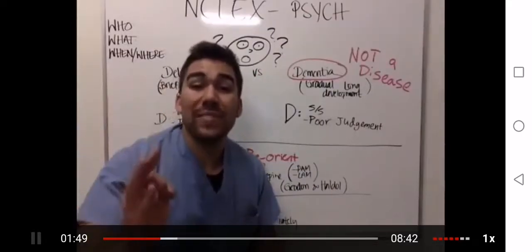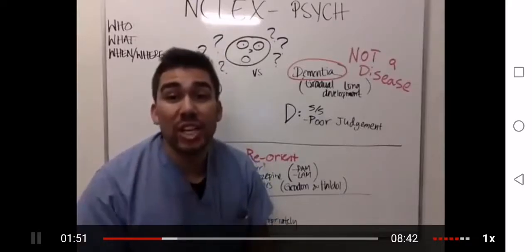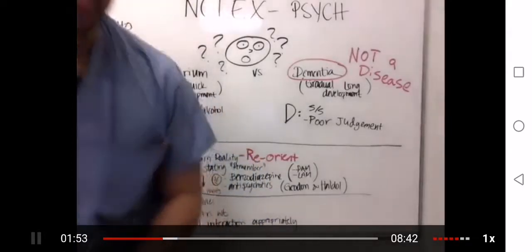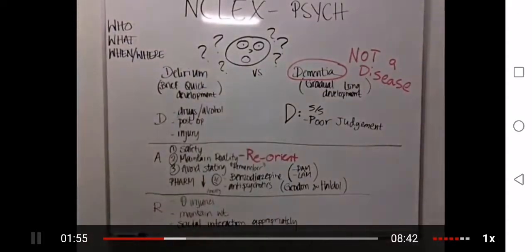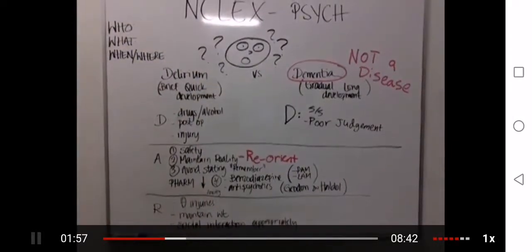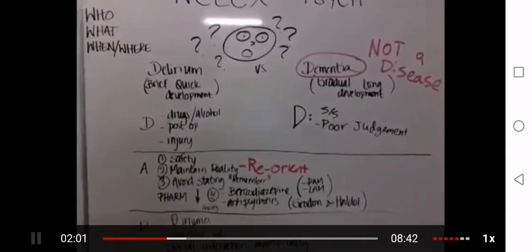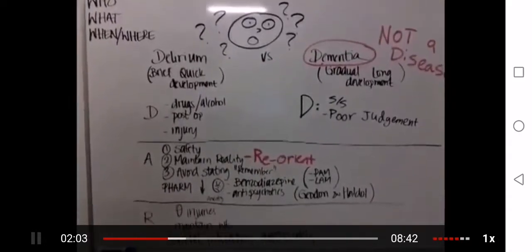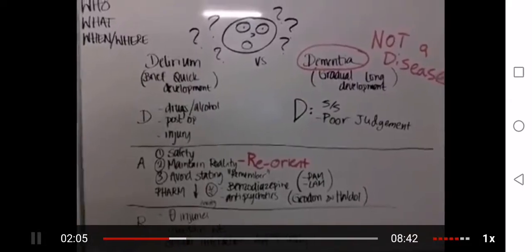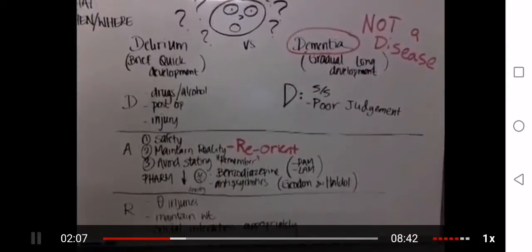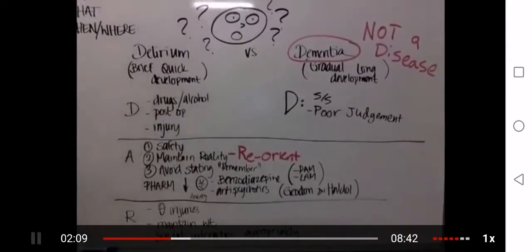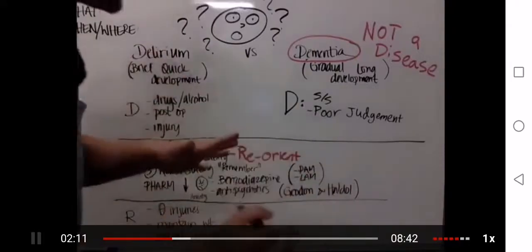All right, guys, let's go over the difference between dementia and delirium, and how dementia is actually not even a disease. We hear about dementia all the time, and it is kind of interchangeable with Alzheimer's, but they're totally two different things.